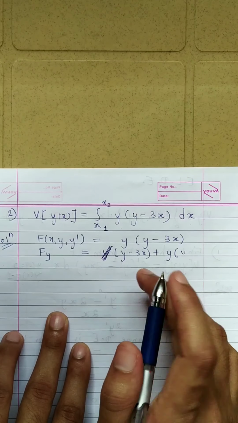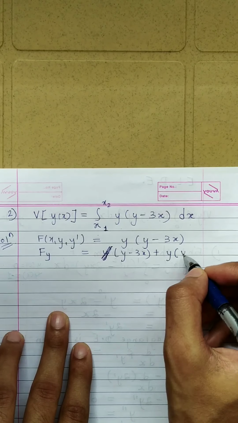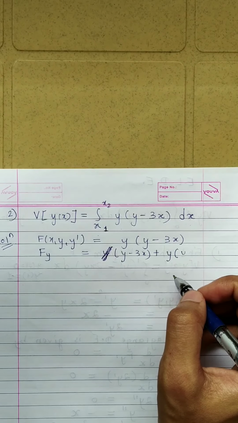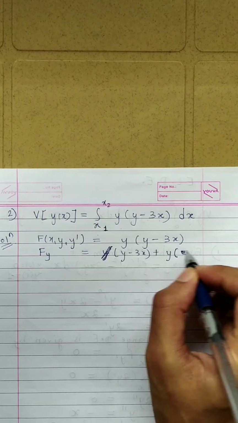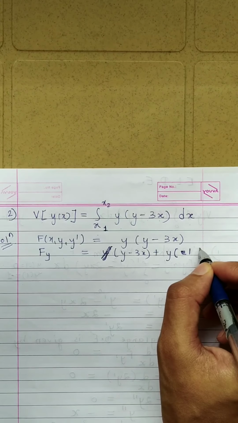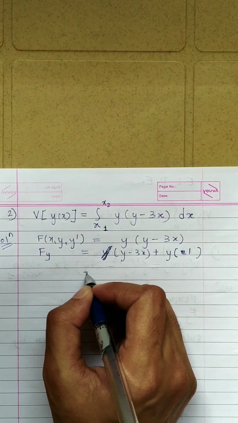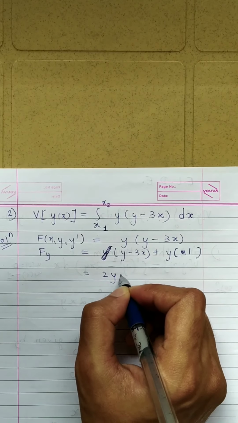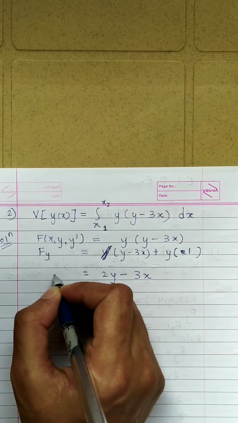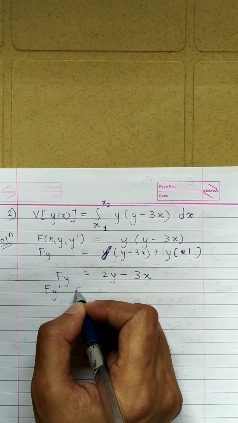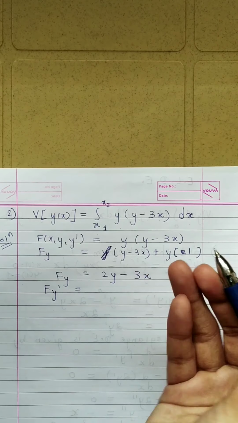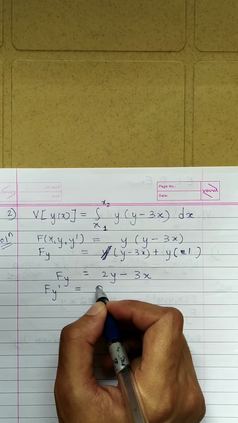I made a mistake there. So this plus 1 times y, so this will be equal to 2y minus 3x. That is our f y. And f y dash will be equal to, there is no y dash term at all, so this will be equal to 0.